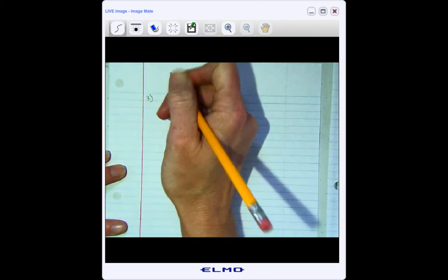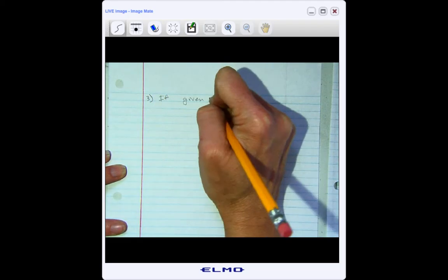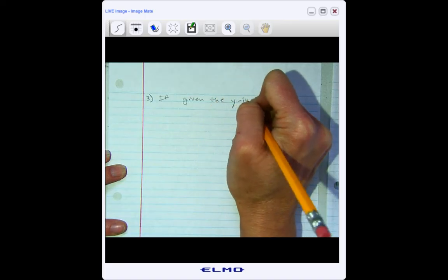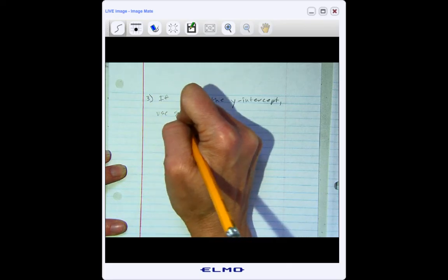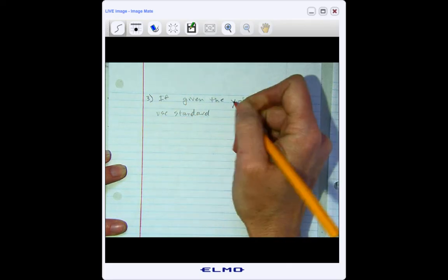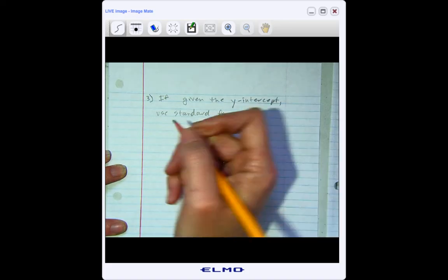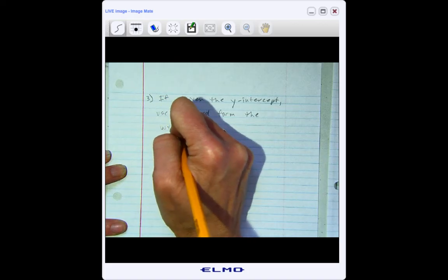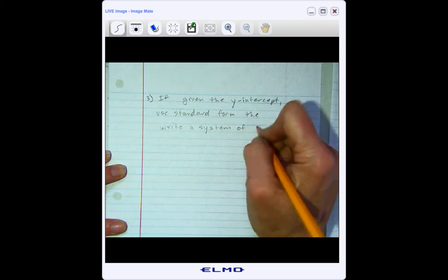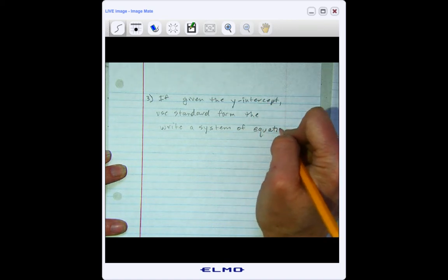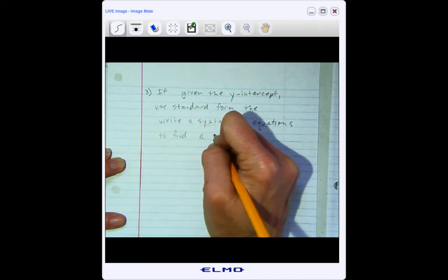Okay, so if given the y-intercept, use standard form. Then write a system of equations to find A and B.